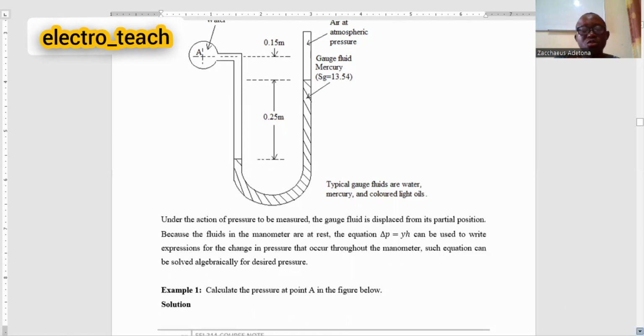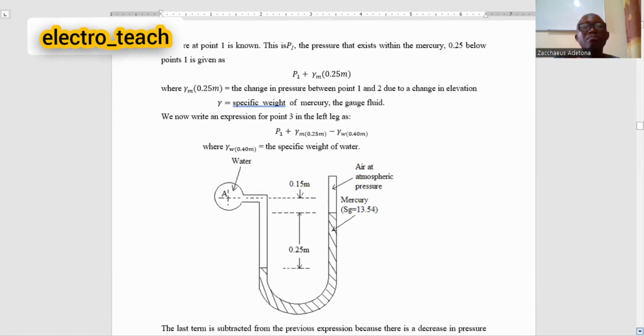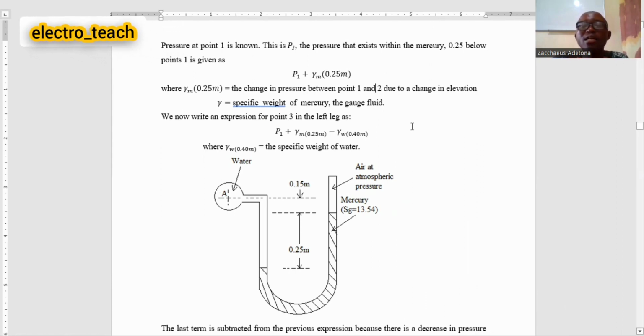So let's look at the solution. The pressure at point 1 up here is the atmospheric pressure, and that is known. It is represented as pressure P1, and that pressure is on top of the pressure inside the mercury.